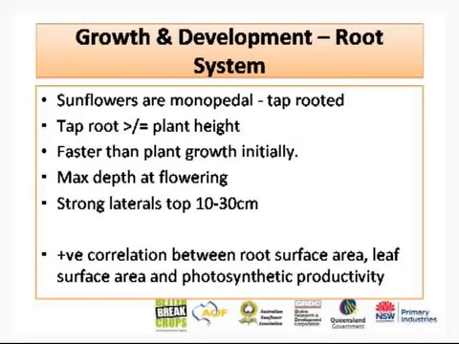Initially, the root development is a little bit faster than the stem, so the plants are actually developing their root systems to support the plant later on. But they are a taprooted plant. So in terms of row spacing, we'll talk a bit about their access to water further into the row. But please remember they are a taprooted plant, so they are not like sorghum. They won't actually pull way out into the middle of a double skip.